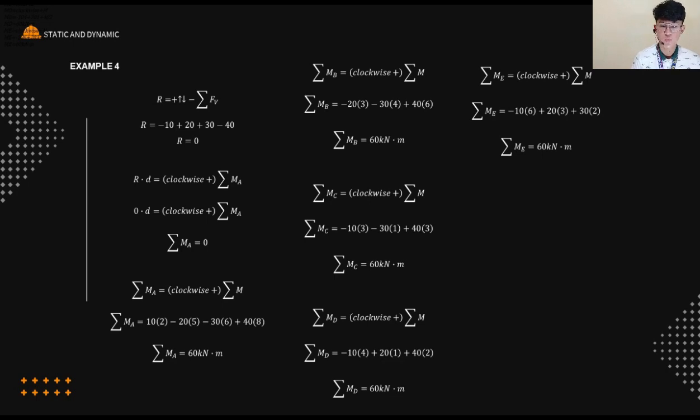So, summation moment A equals 10 times 2 dahil 2 yung distance niya sa A, and then minus 20 counterclockwise times 5 which is yung distance niya from the A, minus 30 dahil counterclockwise, and then 6 times 6 which is yung distance niya from the A, and then plus 40 times 8. So, yung summation moment natin sa A is 60 kN meter.